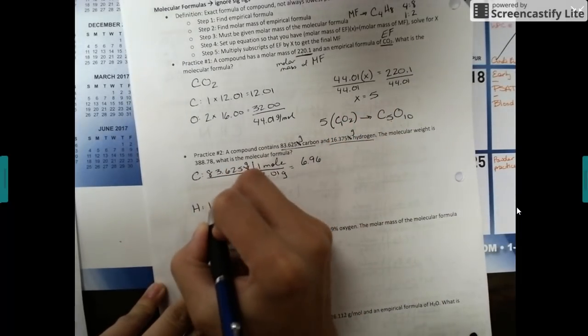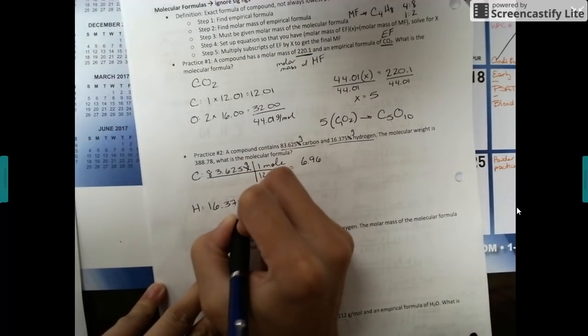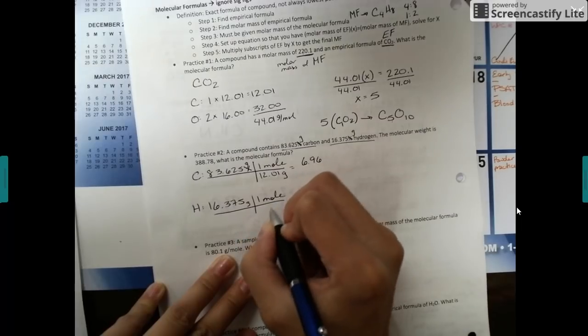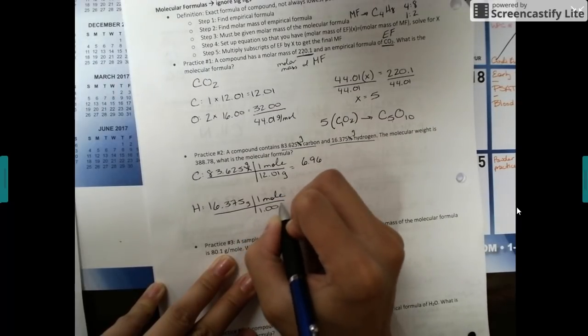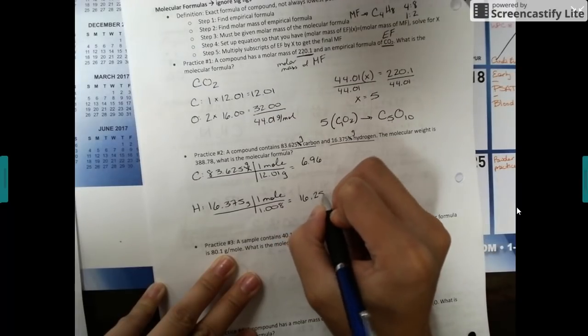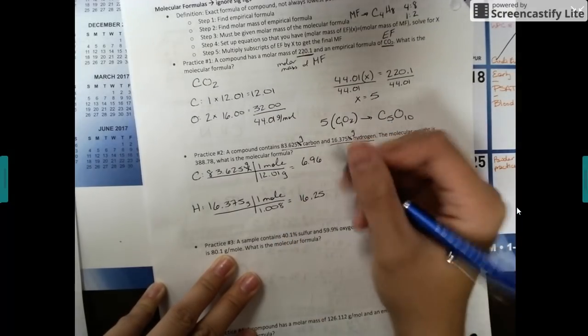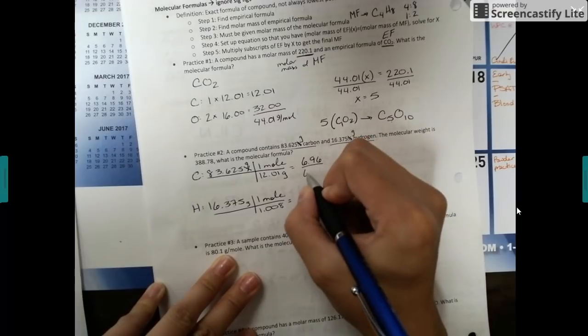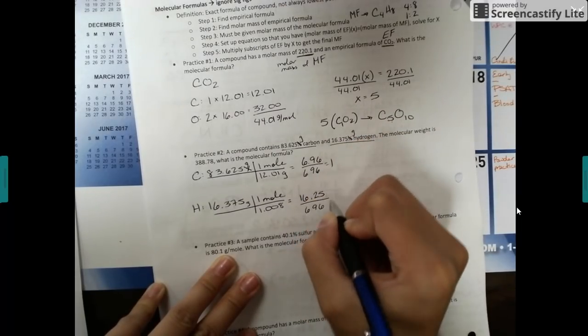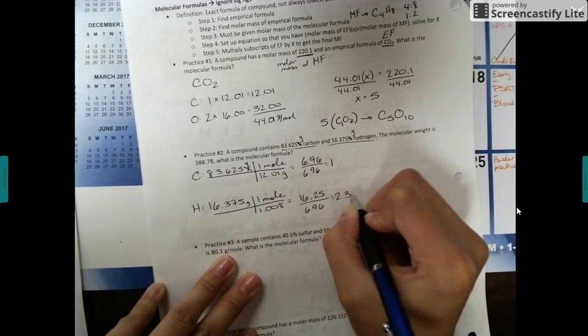Hydrogen, 16.375 grams. 1 mole, 1.008. My answer there is 16.25. I divide by the smallest of the numbers, 6.96. Get 1 there. I get 2.33.